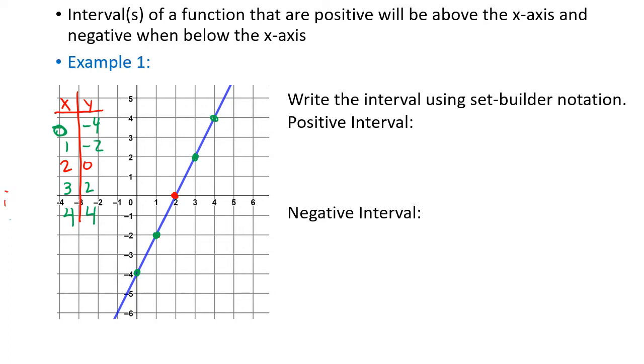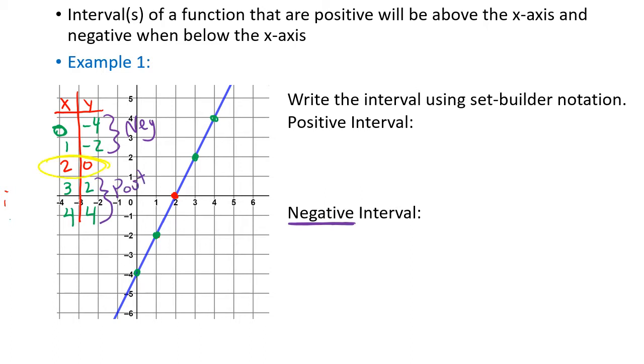So looking at our table, we can see the y values right here are negative. Hence, they're going to be part of the negative interval. The y values down here, where it's 2 and 4, are positive, so they're going to be part of the positive interval.